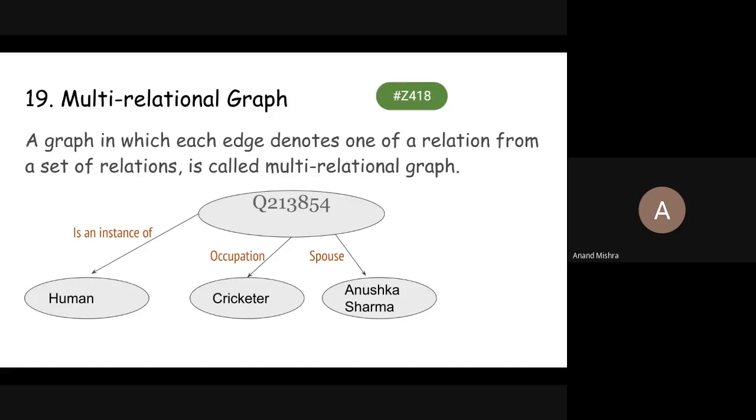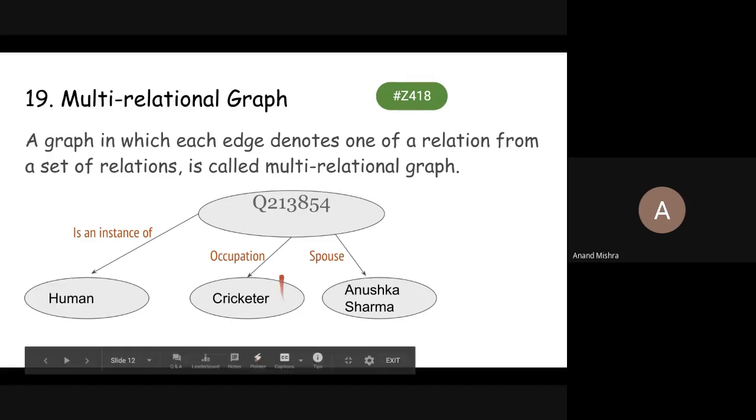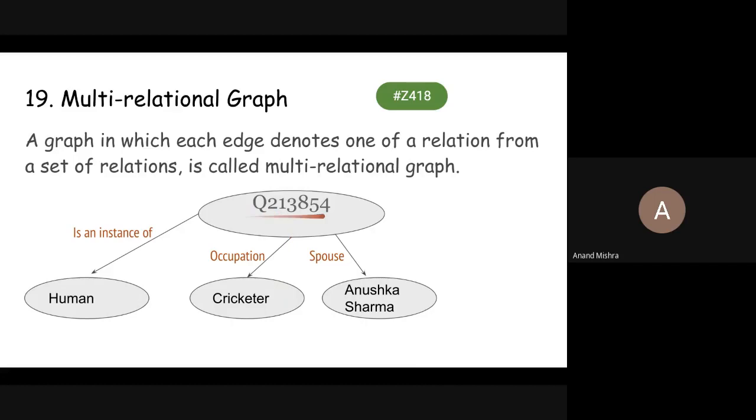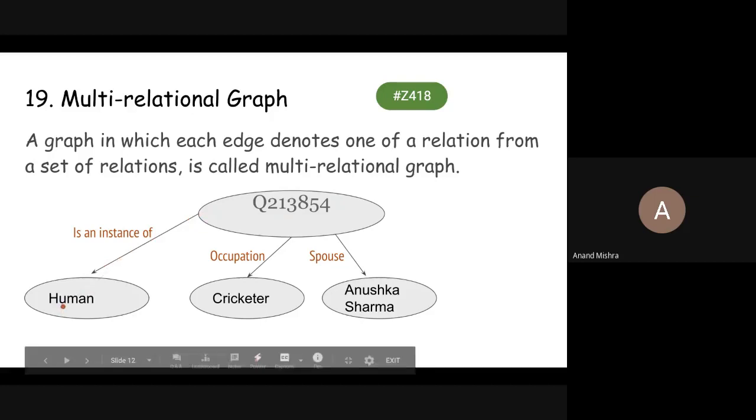For example, this graph, I hope you might have already noticed whom I am talking about, but this graph is a knowledge graph, right? And the knowledge graph has some QID associated with people, right? So this is a QID associated with a person, and "instance of" is a label, and the value is human.